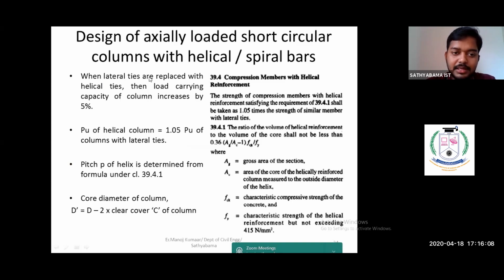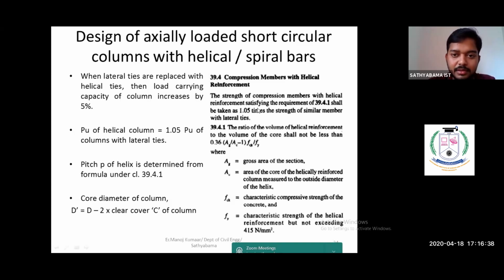See, when the lateral ties are replaced with helical ties, then the load carrying capacity of the column increases by 5%. Suppose a column is able to carry 100 kilonewton in the case of individual lateral ties. If you replace those lateral ties with helical ties like a spring, then the load carrying capacity increases to 105 kilonewton.